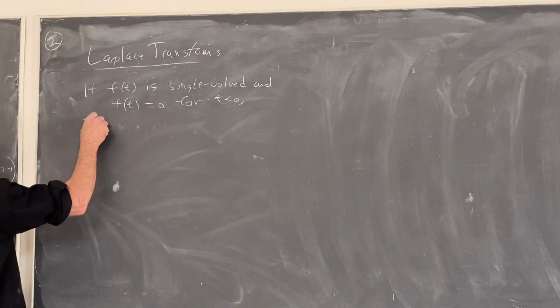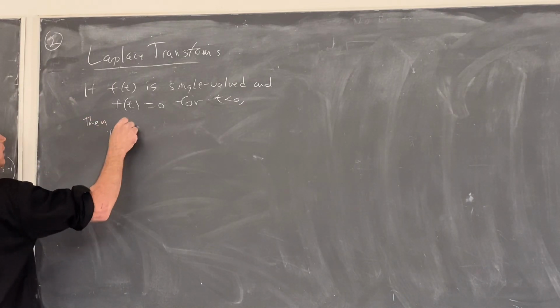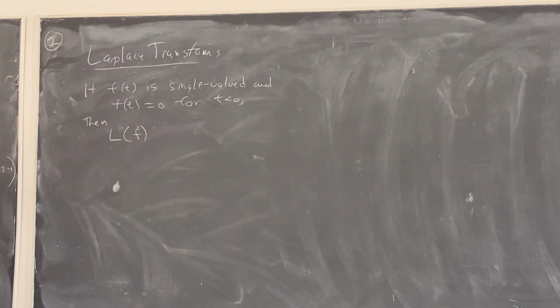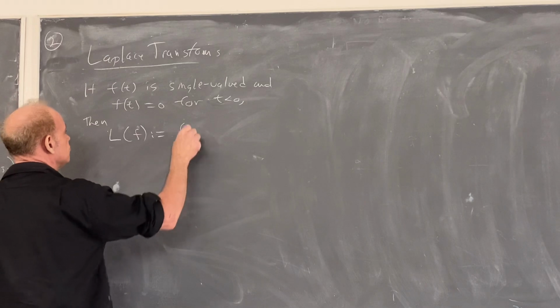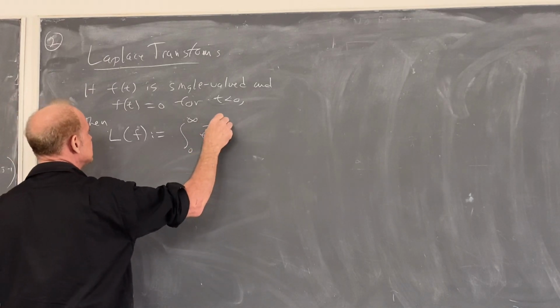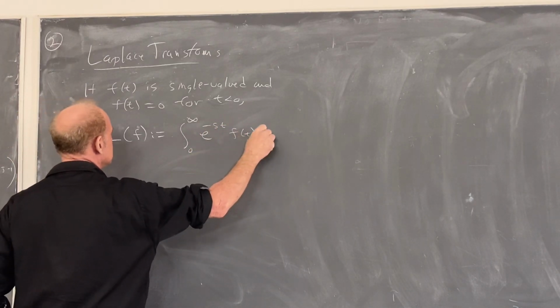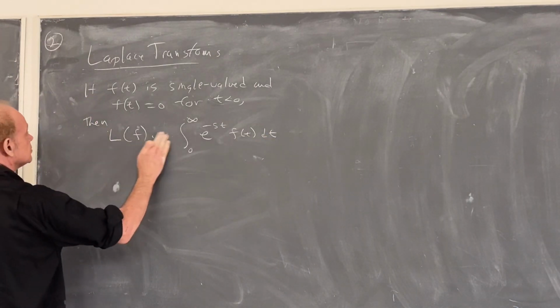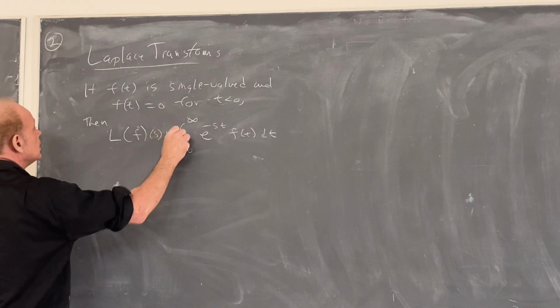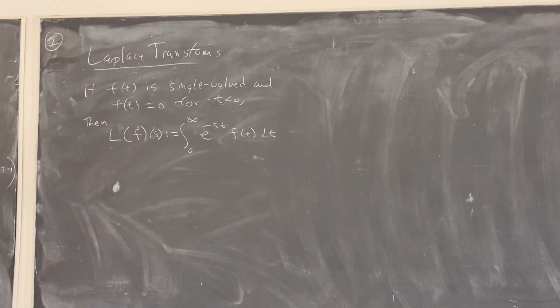Then L of f, the Laplace transform of f, is defined as the integral from 0 to infinity of e to the minus st f of t dt. And notice this is a function of s. It's not a function of t because I get rid of t.